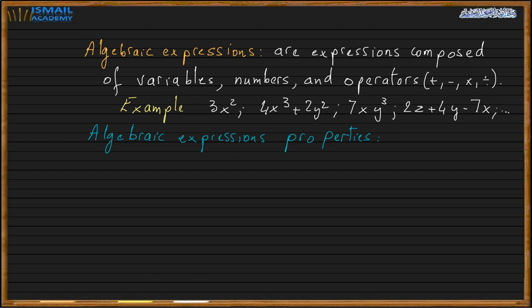The first property: the parts of an algebraic expression which are separated by addition and subtraction are called terms. Those parts or components.